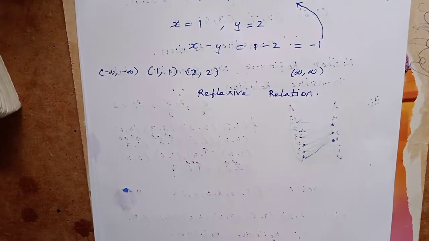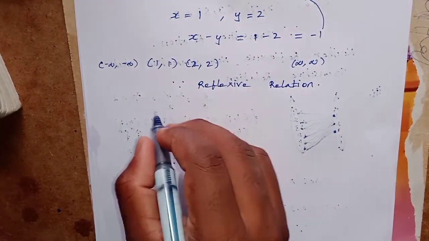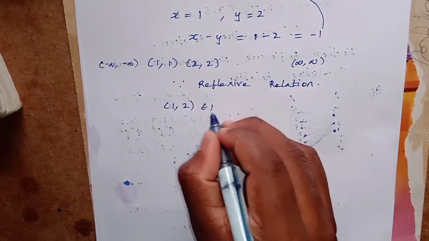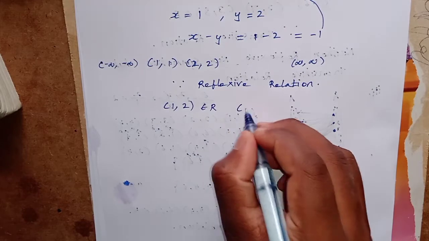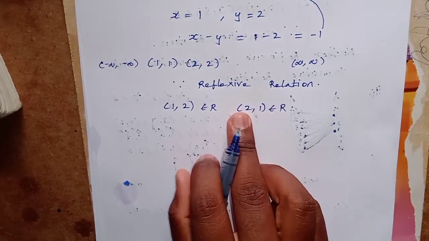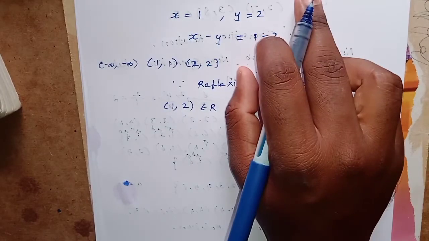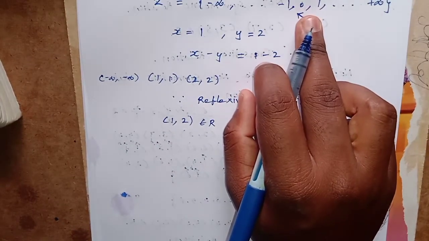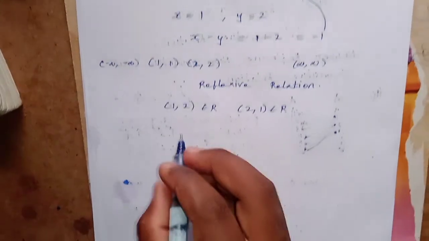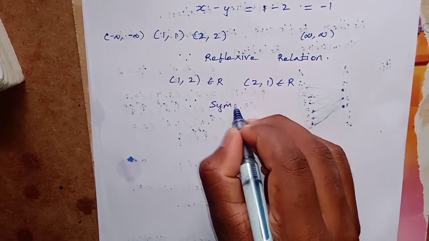Okay. Next symmetric: 1 comma 2 belongs to R. Therefore 2 comma 1 also belongs to R because 2 minus 1 equal to 1. Again 1 is an integer. Okay. Therefore it is satisfying, so it is a symmetric relation.